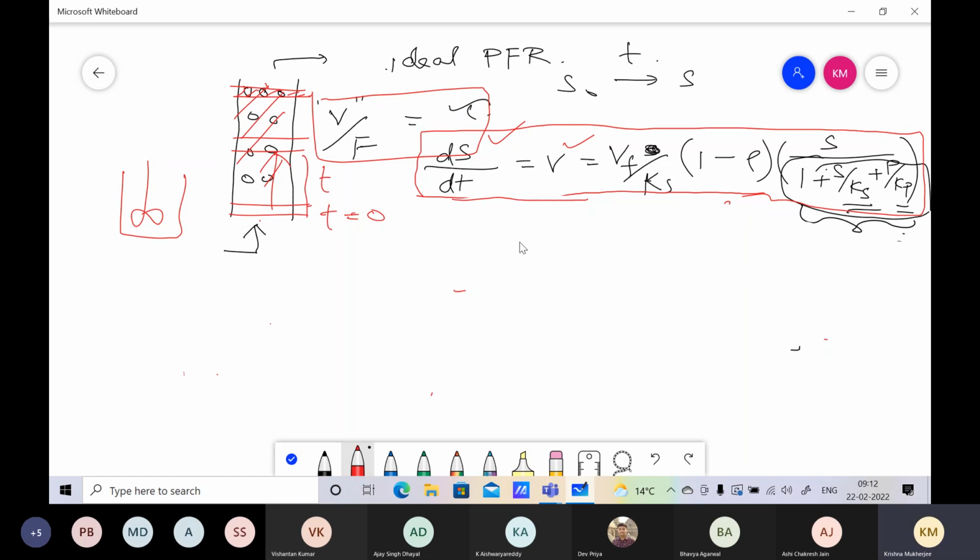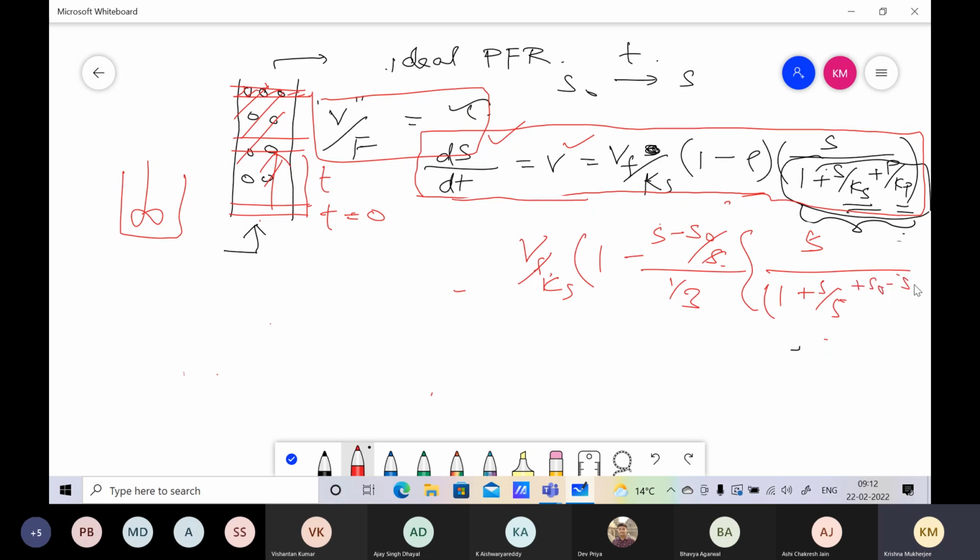Now you will have to write V_F by K_S, and then 1 minus (S0 minus S) upon K equilibrium, which is 1 by 3, and then this will be again S. This S will go, but the denominator will not go. The denominator will be 1 plus S by 5 plus (S0 minus S) upon 5 by 9.